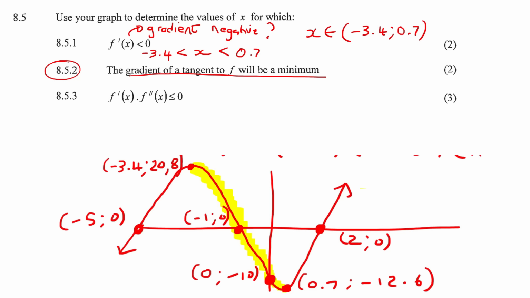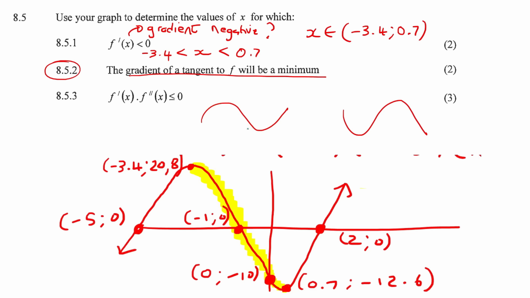Now, when they're talking about a minimum gradient, if we look at a cubic graph, I'll show you just 2 basic cubic graphs. You get one that does that, and then you could also get one that does that. So on this type of cubic graph, the minimum tangent, and remember, a tangent would be a line like that, or that, or that, touches the graph at one place like that.